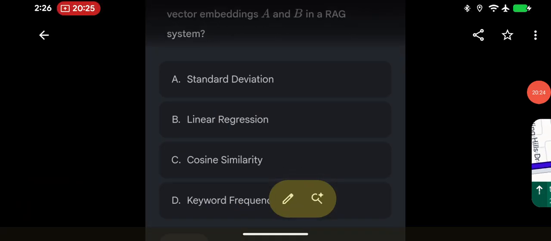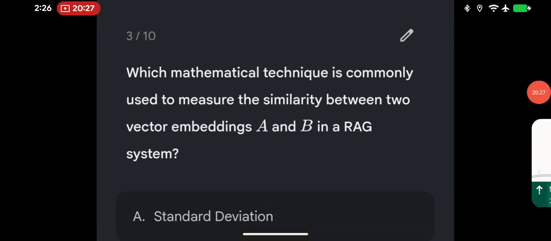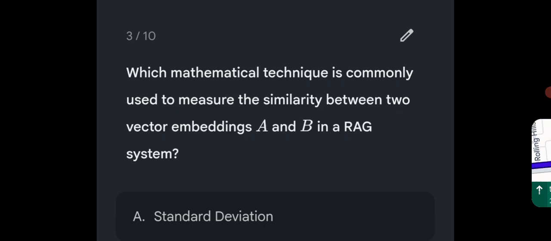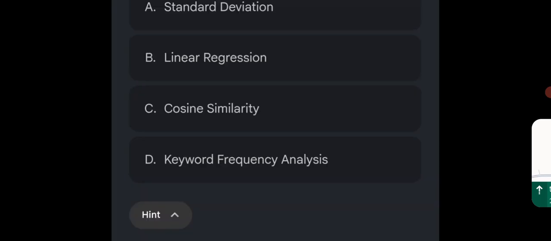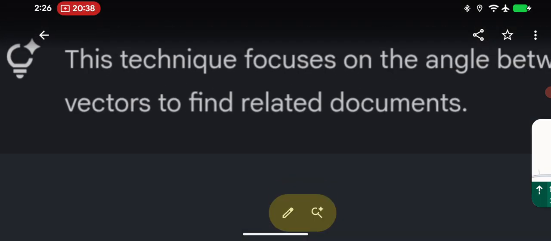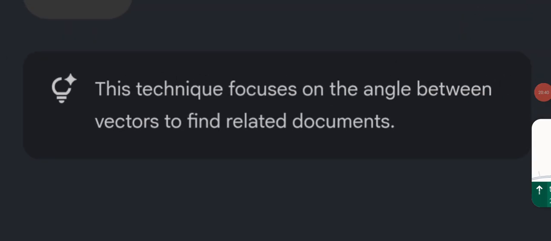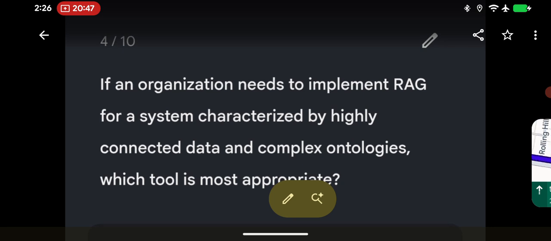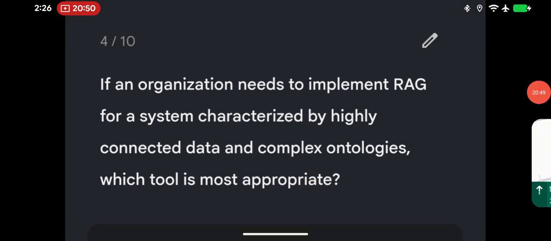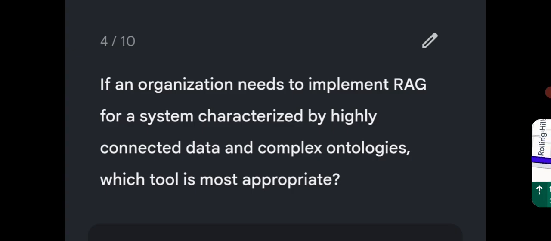Next question: which mathematical technique is commonly used to measure the similarity between two vector embeddings A and B in a RAG system? Here are the options, and here is the hint. Next question: if an organization needs to implement RAG for a system characterized by highly connected data and complex ontologies, which tool is most appropriate?